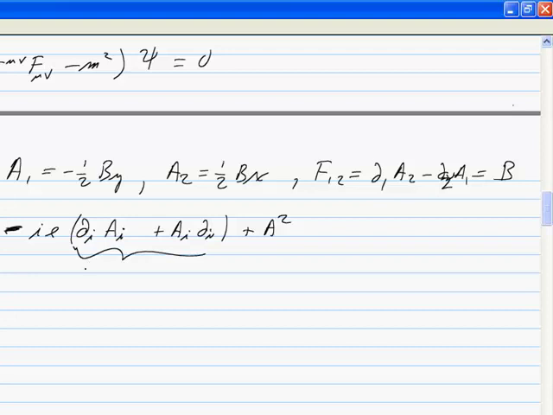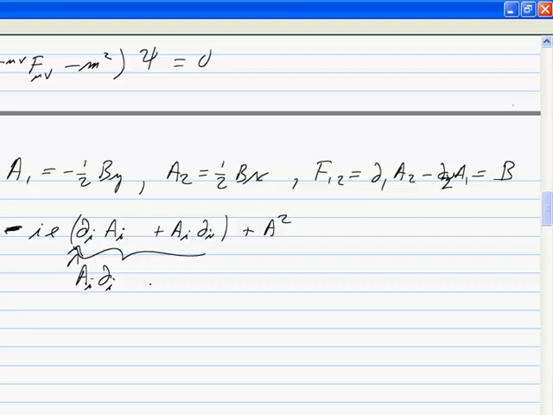For this first term, it's the same as A i d i for this particular case, because A1 doesn't involve x1, A2 doesn't involve x2. So the commuting isn't relevant.